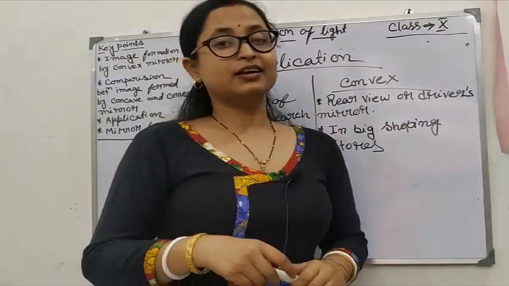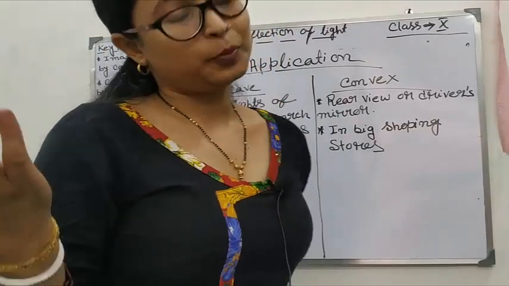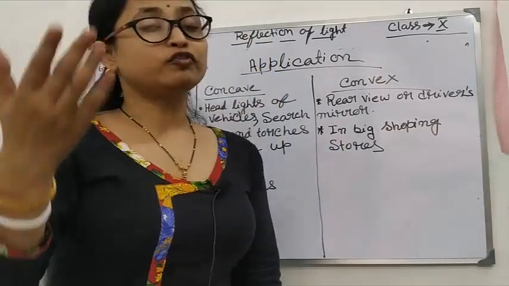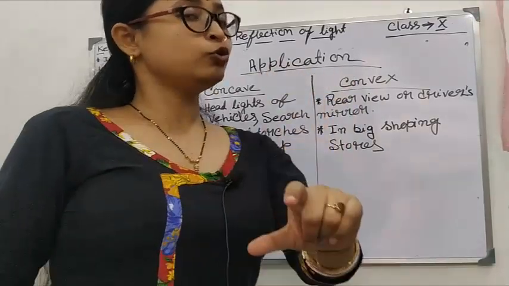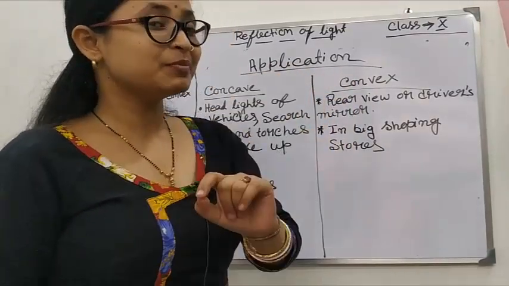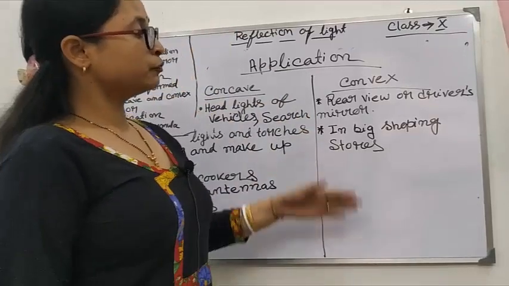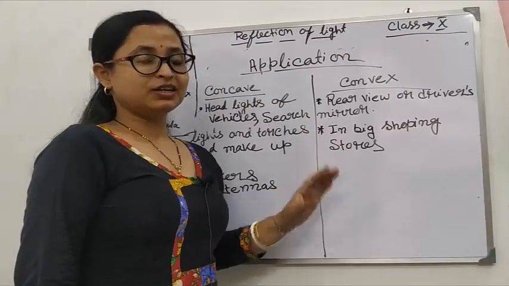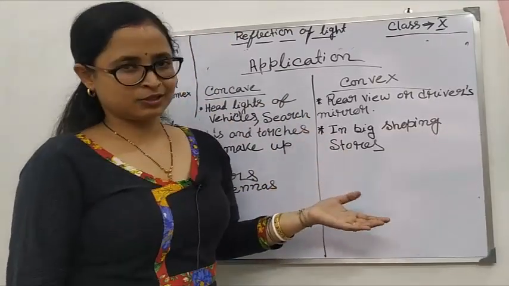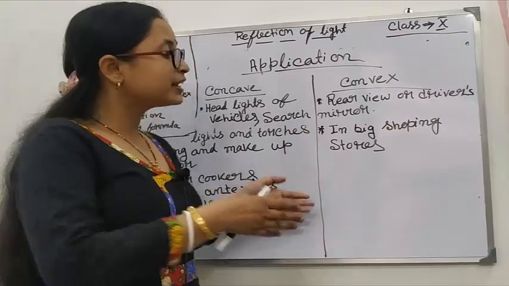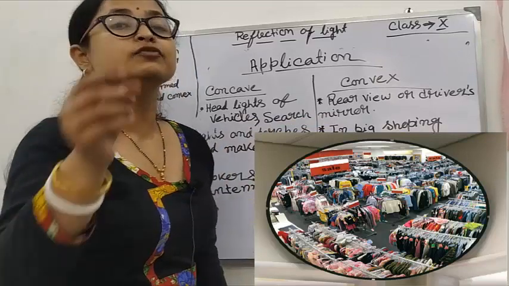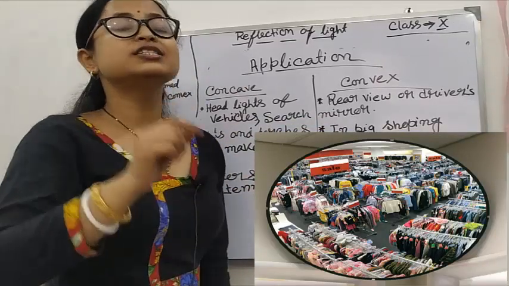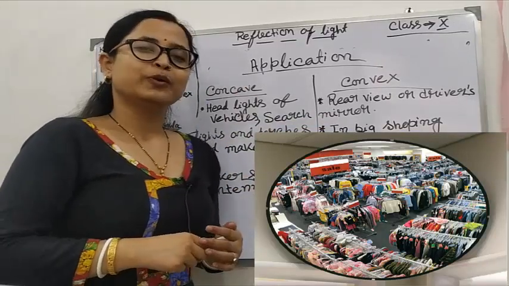You can see in a big store or shopping mall, convex mirrors are placed. Why? Again this property is used. As we know, the field of view of convex mirror is very high, so if we place a convex mirror in the shopping mall or any shopping store, it can cover a large area. So it is very easy for the shopkeeper to watch the activity of customers.